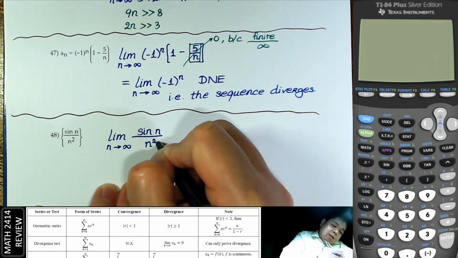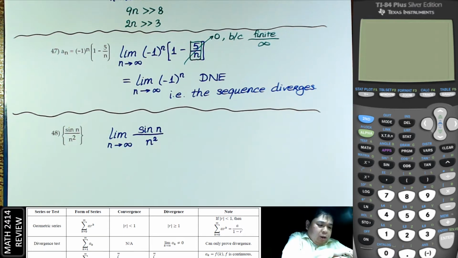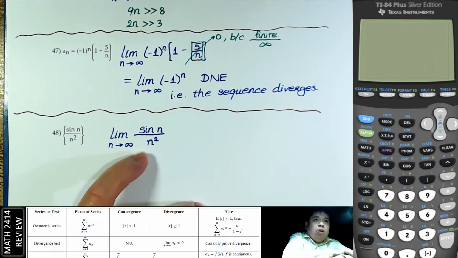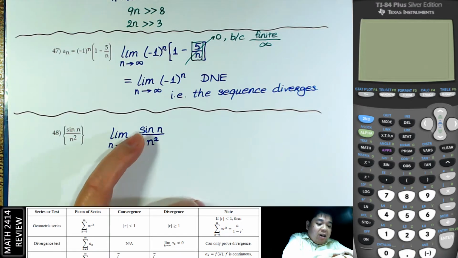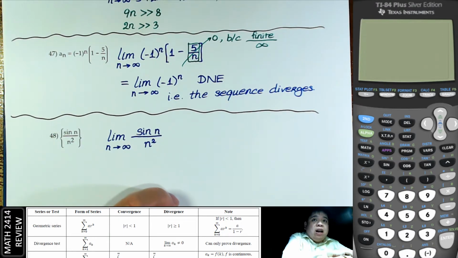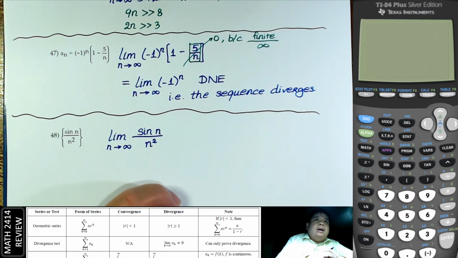Right. So how do we do this? Now we look at again the growth rate: n square goes to infinity a lot faster than sin n. Actually, sin n doesn't go to infinity. It is only between -1 and 1. It doesn't matter. Divide by n square. So this one will go to 0.